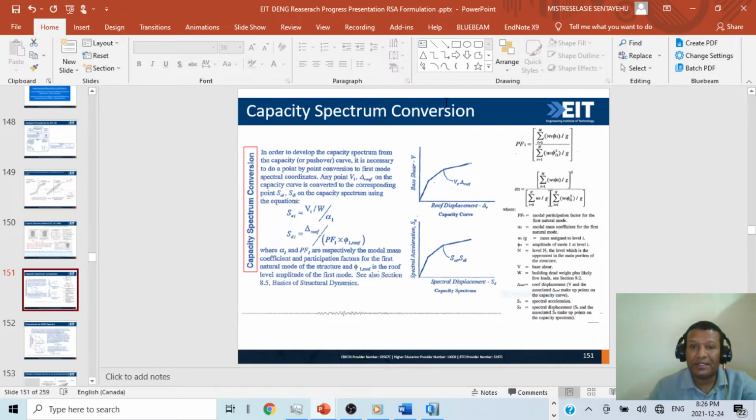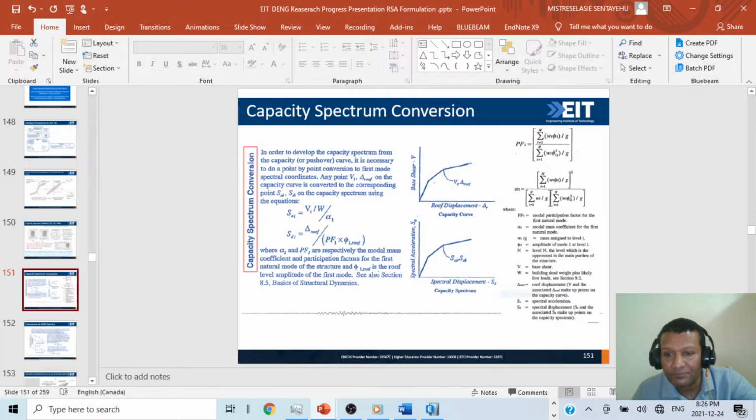So we will see capacity spectrum conversion. For the capacity, as we discussed, we have base shear and displacement. We will change it into spectral acceleration and spectral displacement. We have a lot of codes. We can see here the capacity spectrum conversion. This is Sa, this is for spectral displacement, this is for spectral acceleration, and point by point how to change it: Vi over W over alpha 1.